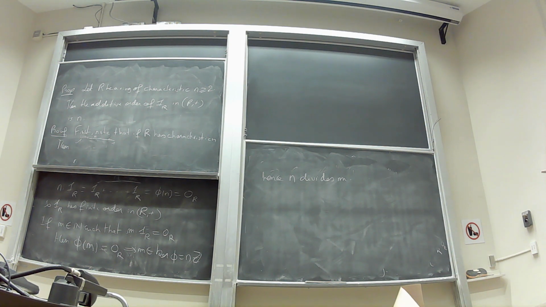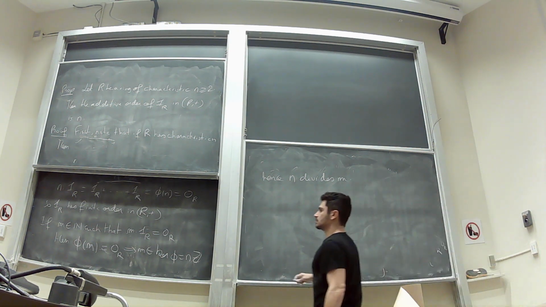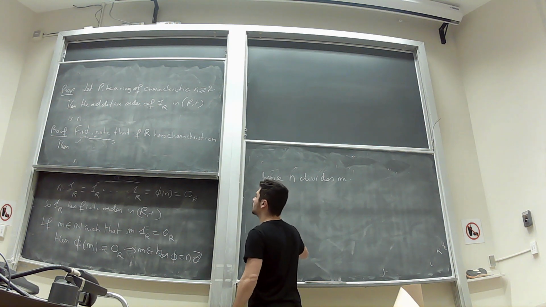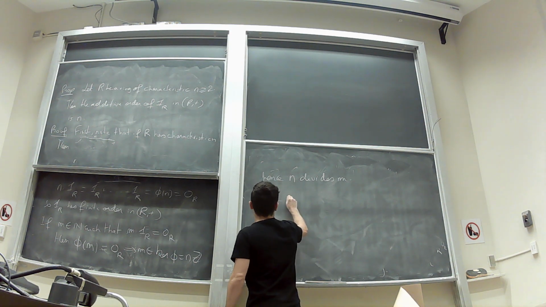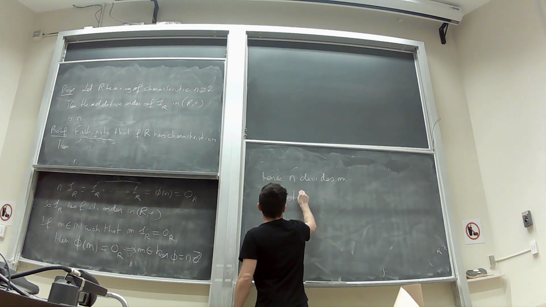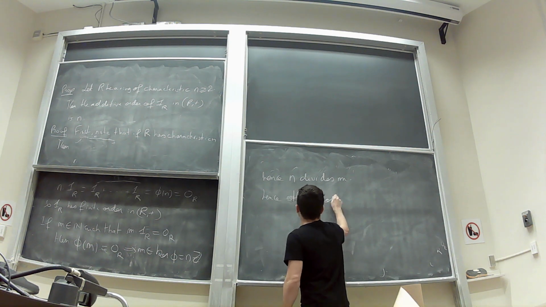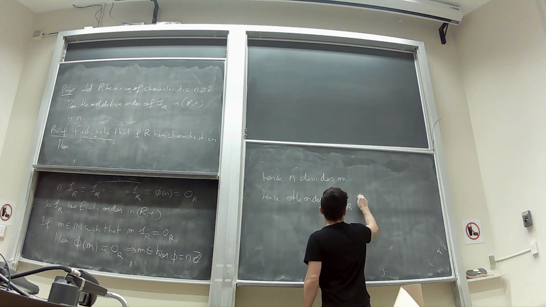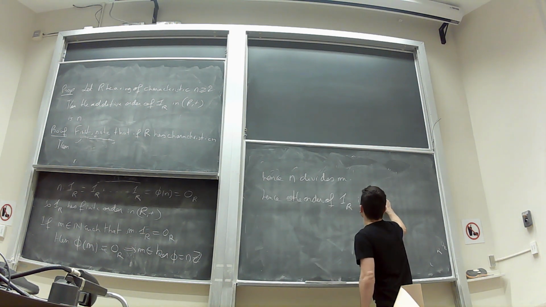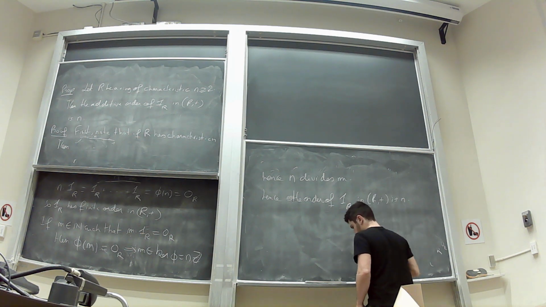And I know that for n this holds. I know that n times 1R is equal to 0. So I know that the order of 1R divides n, and n will divide the order of 1R. These are really group theory statements. Hence, the order of 1R in R plus is n.